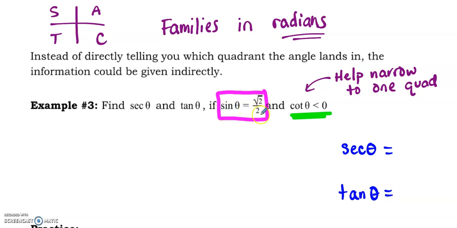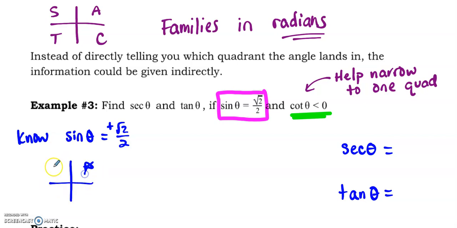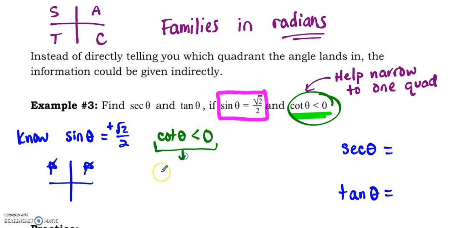We're going to start with the sine of theta being the square root of 2 over 2. If I know that the sine of theta is root 2 over 2, then because that's positive, I know my angle either lands in quadrant 1 or quadrant 2. Then I have this additional piece of information: I know the cotangent of theta is less than 0.